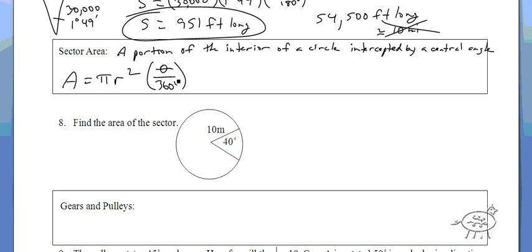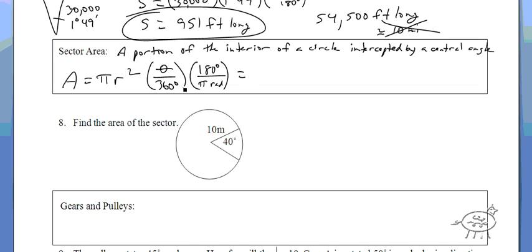Theta is part of that circle, right? If I said half a circle, it'd be 180 degrees. But remember, to figure out a portion of that circle, it's theta over 360 degrees. So if I was talking about 90 degrees, that would be 1/4 of a circle. If I'm talking about 180 degrees, it's 1/2 a circle, etc. So it's theta over 360 degrees. And then let's convert it to radians. So it's 180 degrees per pi radians.